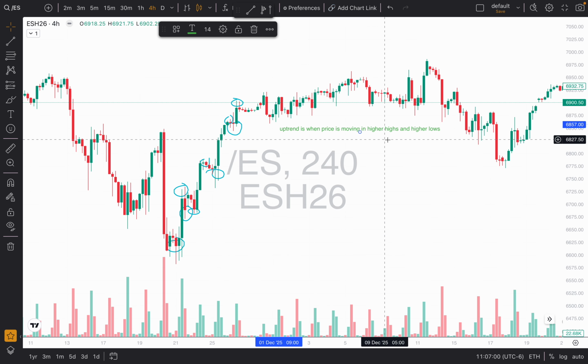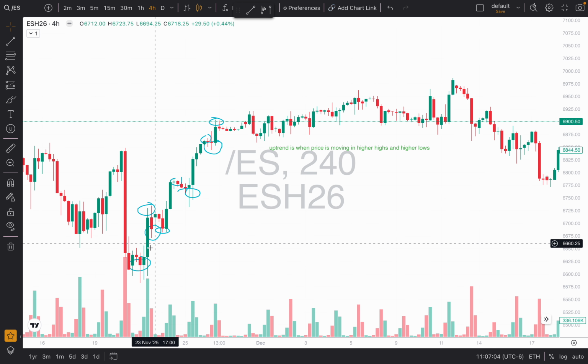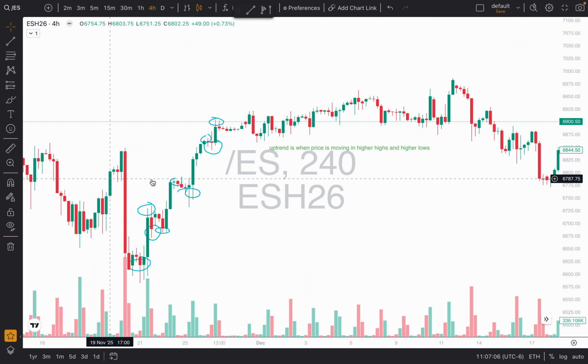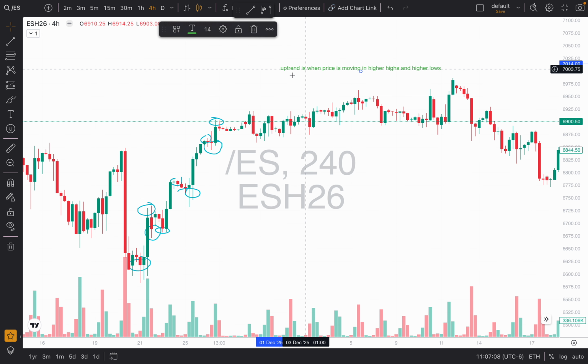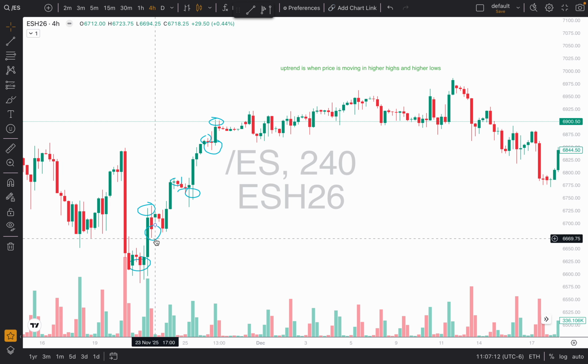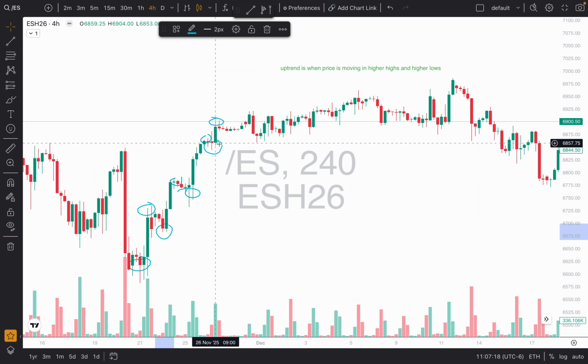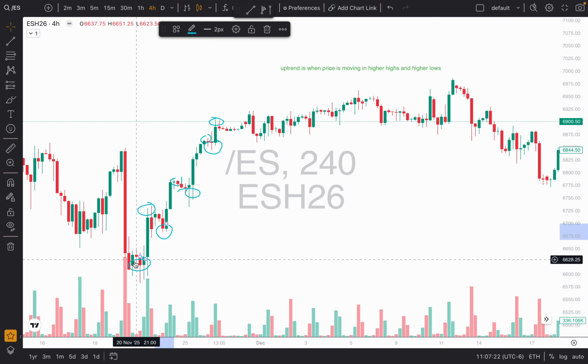Uptrend is when price is moving in higher highs and higher lows, just as we identified in this example right here, right? So let's delete all of this. I'm gonna keep the highs right here. And this actually makes sense whenever I go into the difference between swing highs and swing lows. But this is what an uptrend will look like.